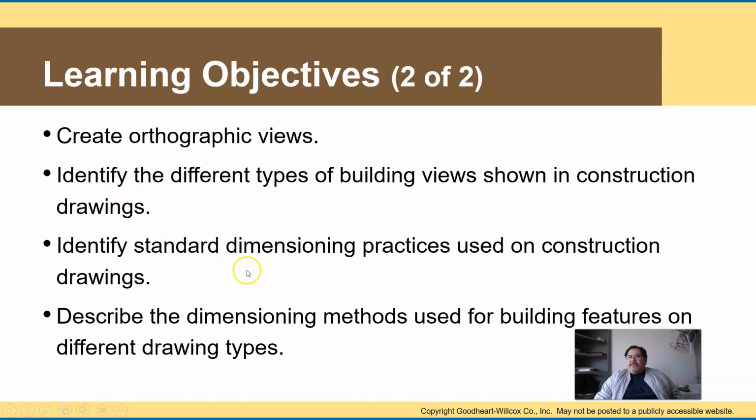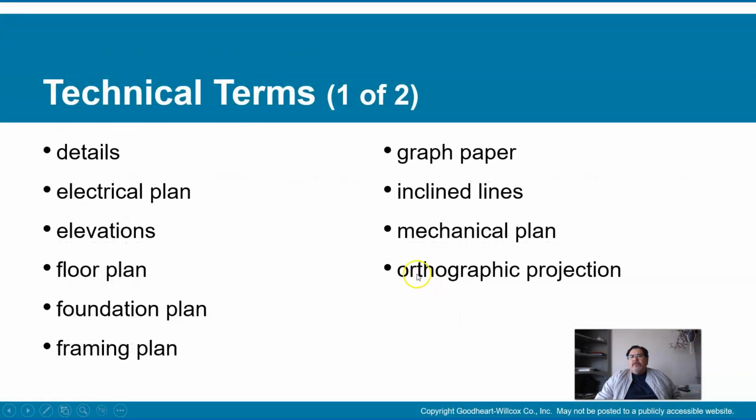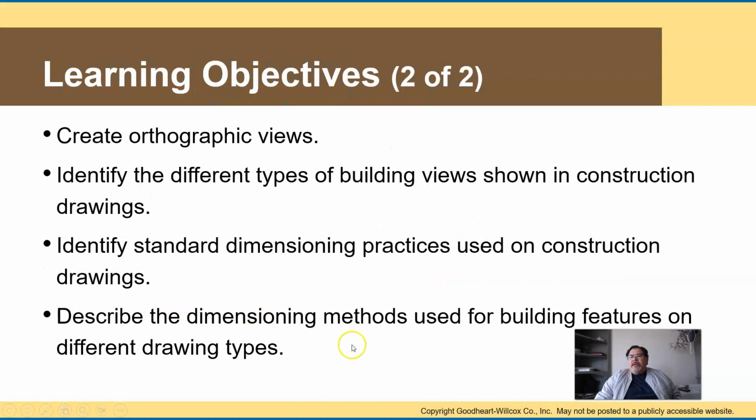And identify the standard dimensioning practices used in construction drawings. Standard dimensioning, right? You don't have to show dimensions for everything. You may only want to show some key dimensions. Describe the dimensioning methods used for building features on different drawing types.